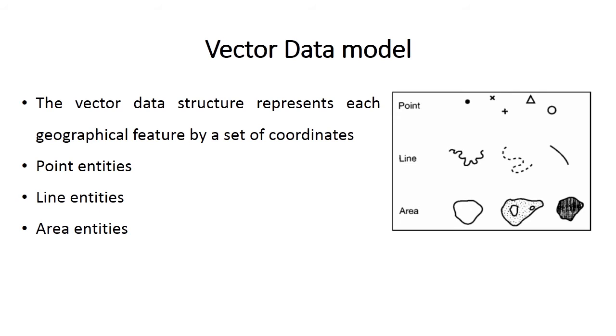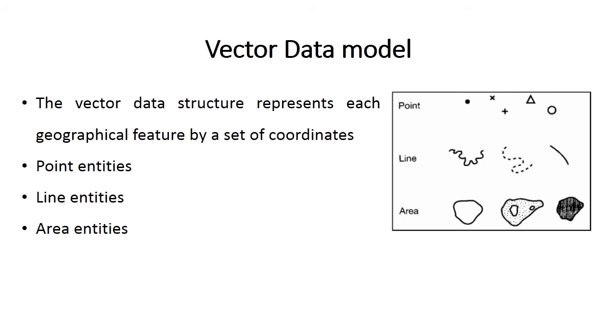So, the vector data model treats phenomena as a set of primitives and composes spatial entities. In 2D models, that is 2-dimensional models, the primitive entities are point, line and area entities. The vector data structure represents each geographical feature by a set of coordinates.